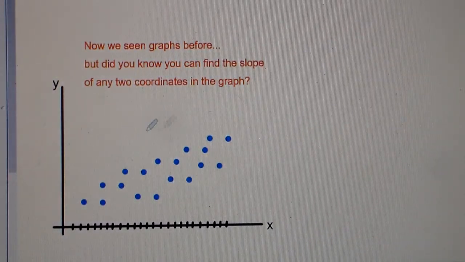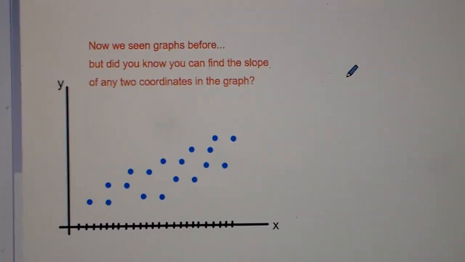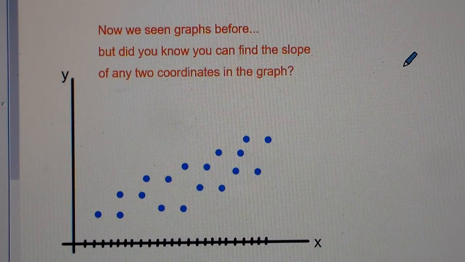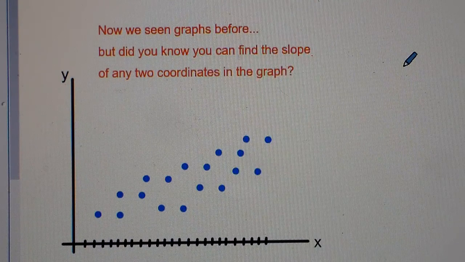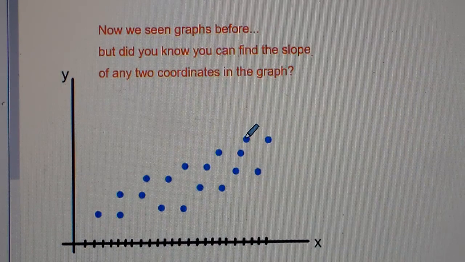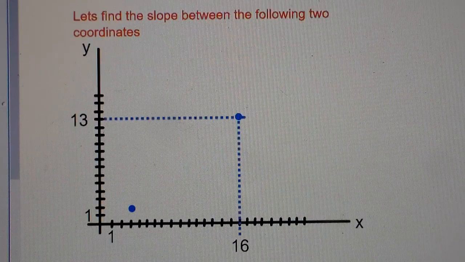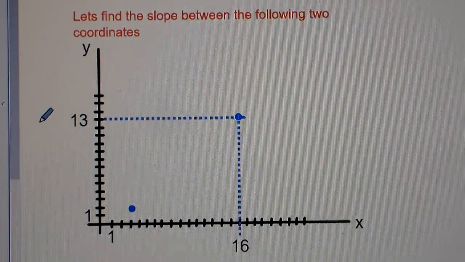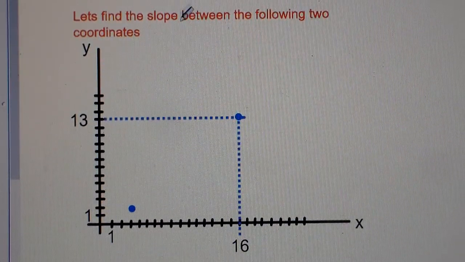Alright, so now that we've seen graphs before, did you know that we have to find the slope of any two coordinates on the graph? Well, you bet, because that's something we did. We picked 2 points, and then we find the slope. So let's just focus when I just give you 2 points.